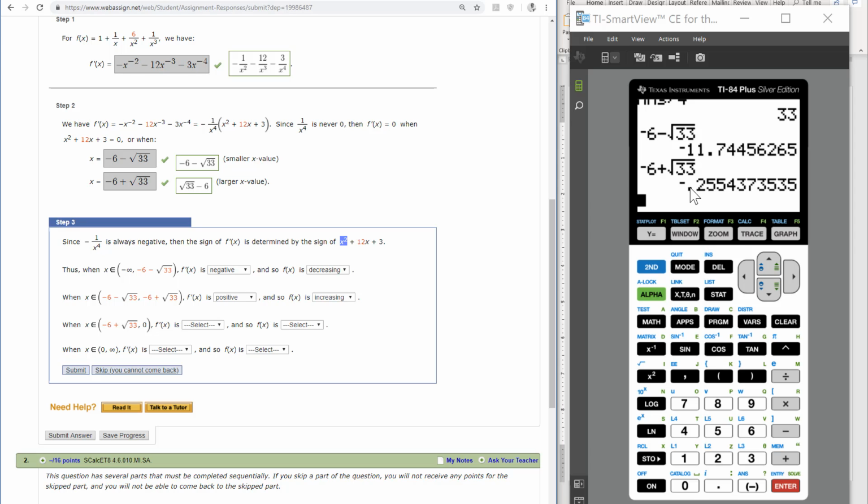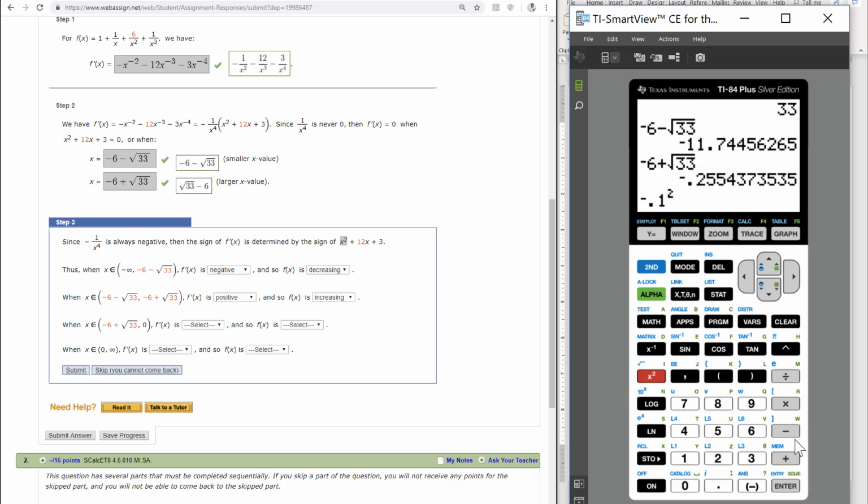So a number between negative 0.255 and 0 would be negative 0.1. So let's try negative 0.1. And then we'll square it according to this. And then we're going to multiply or add 12 times that same number. So let's put a parentheses here, negative 0.1. And then we add a 3.